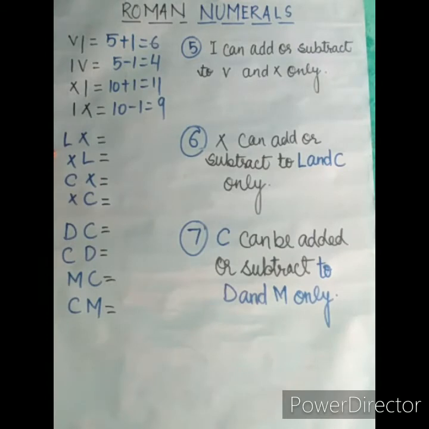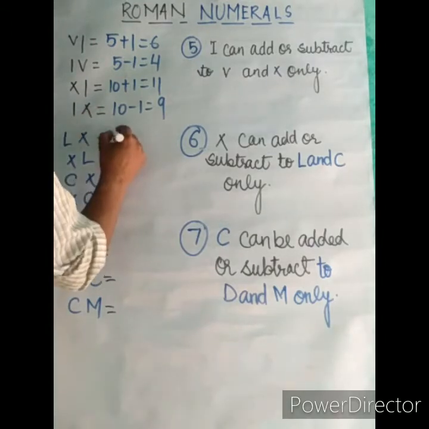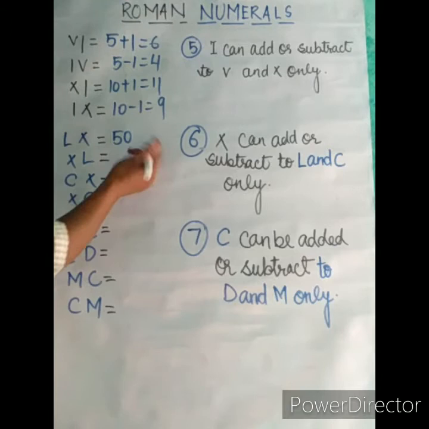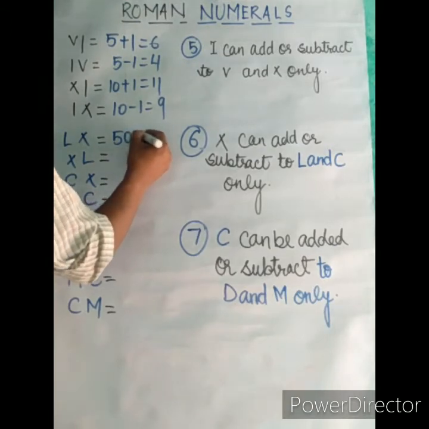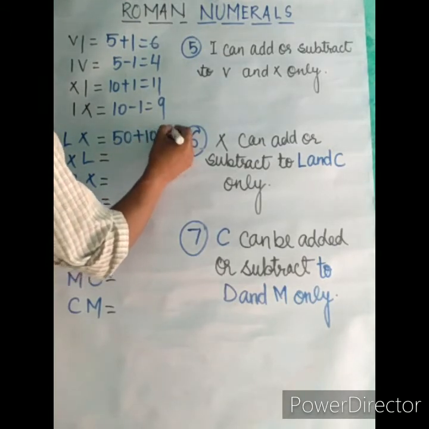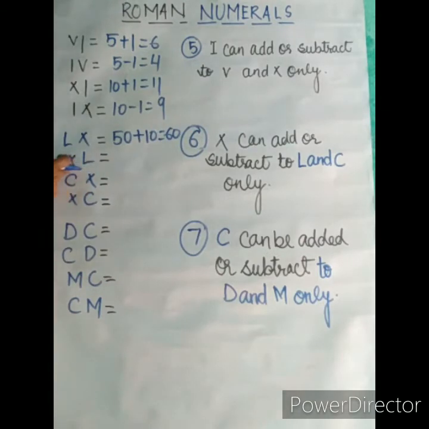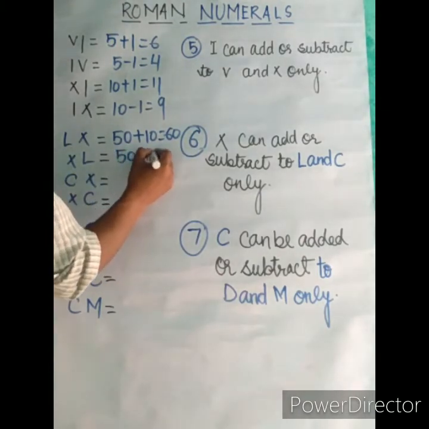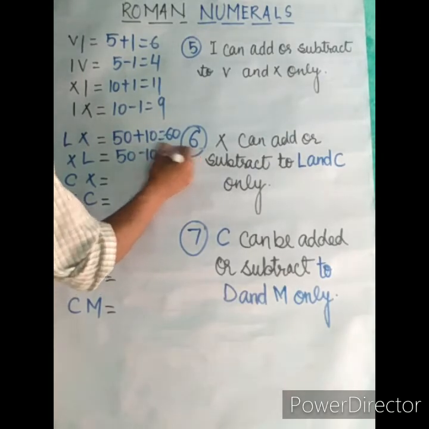9. Here you can see LX. L means 50 and X, 10, is smaller than L. It is written to the right side, so we add it. It will become 60. Here X is written to the left side, so we subtract: 50 minus 10 is equal to 40.